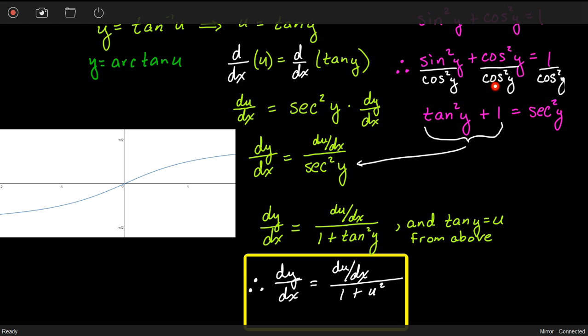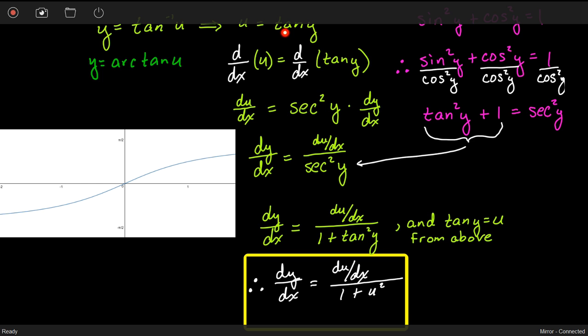Cosine squared divided by cosine squared is 1, and 1 divided by cosine squared is secant squared. So we are going to replace secant squared in our denominator with this right here. So what we get then is du dx over 1 plus tangent squared of y.